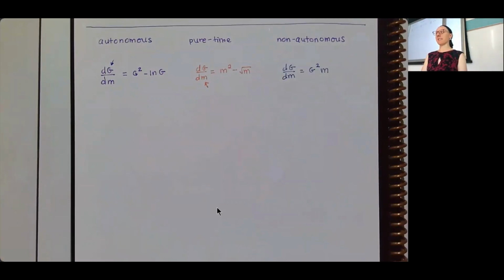Non-autonomous equations are separable if they can be written as something that only includes the numerator times something that only includes the denominator. We're not going to get to that stuff until the end of the chapter. I just wanted to let you know that there are more vocabulary words coming. For now, these are kind of the three buckets that we're putting problems into.